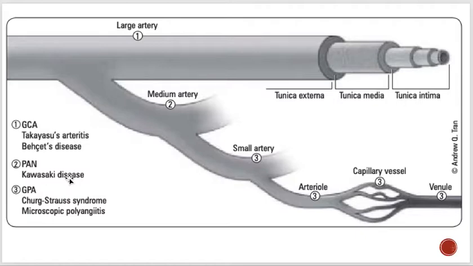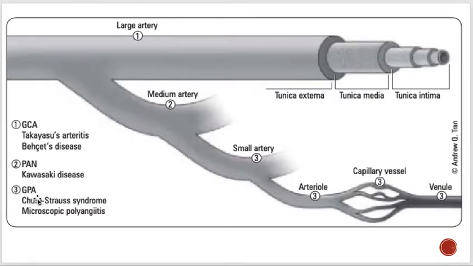We covered that in quite good detail, talking about its myocardial or cardiac abnormalities and complications. The third group, the small vessels, they talk about GPA, which is granulomatosis with polyangiitis.